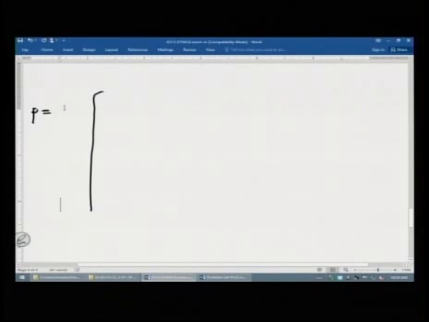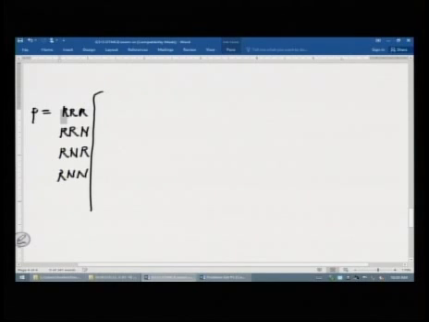So I'm going to say here R, R, R, R, R, no, R, no, R, rain, no rain, no rain, and then no rain, rain, rain, no rain, rain, no rain, no rain, no rain, rain, and then no rains.